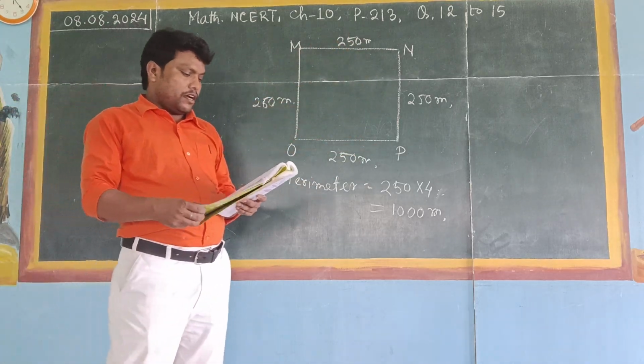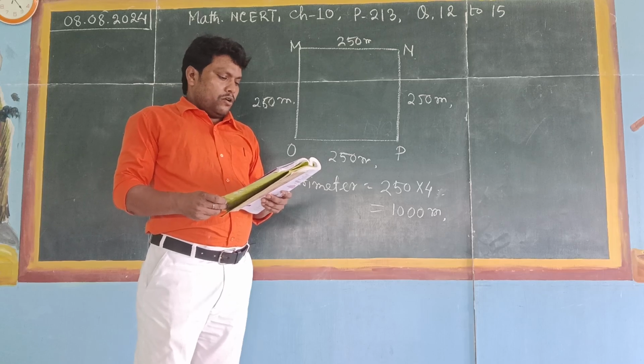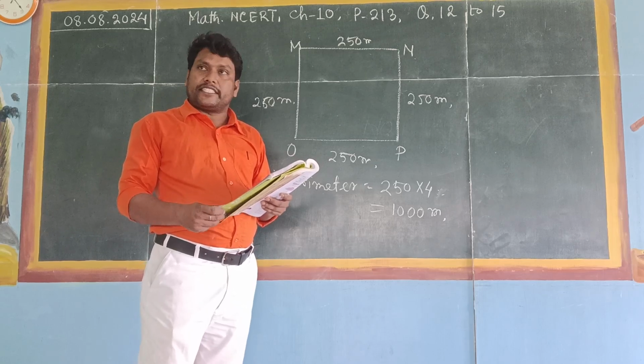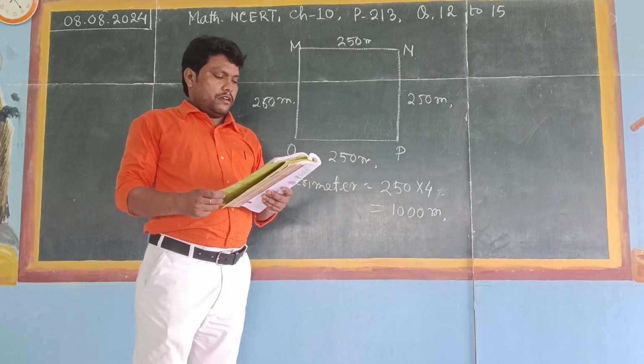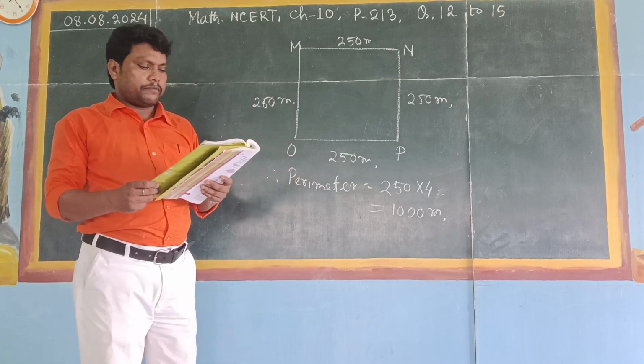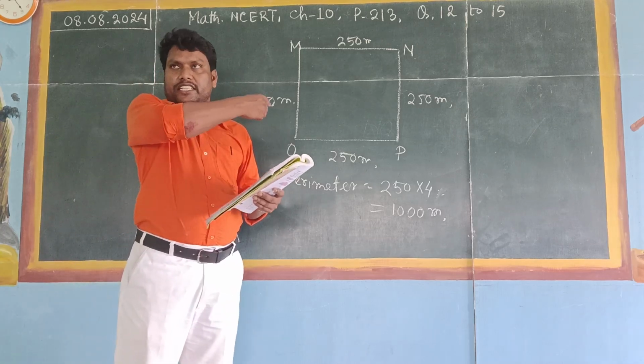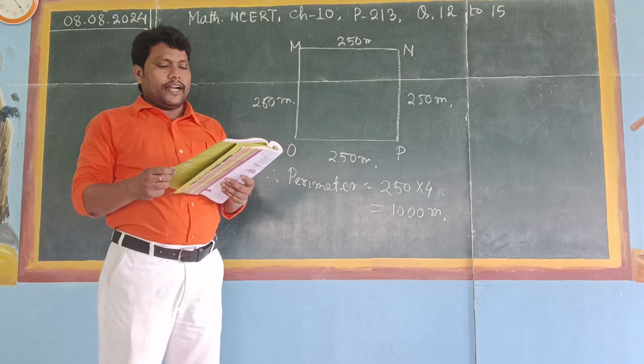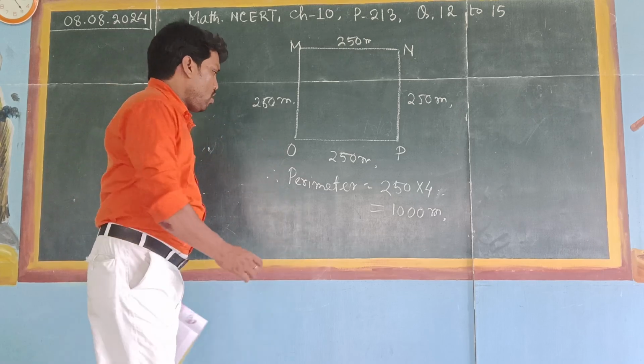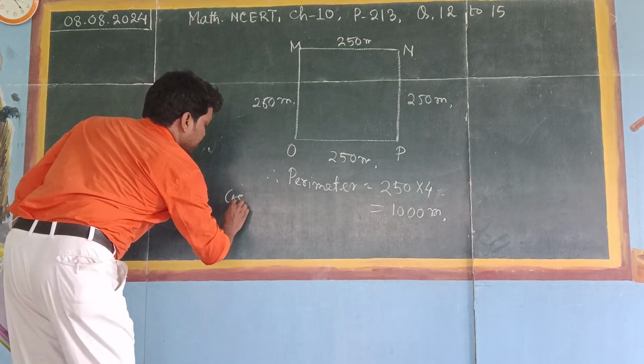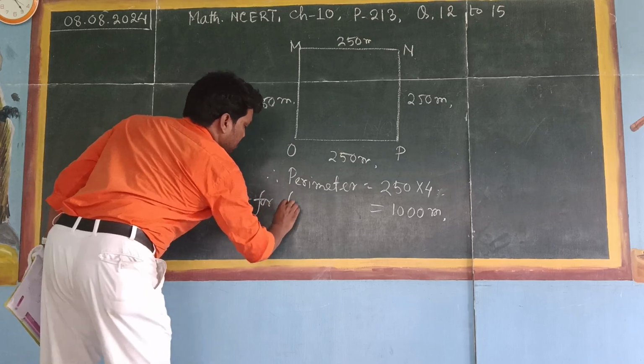Now what is the question? Find the cost of fencing a square park at the rate of 20 per meter. So cost for fencing.